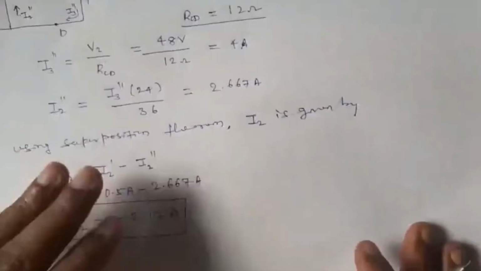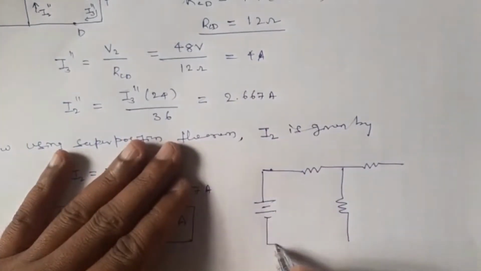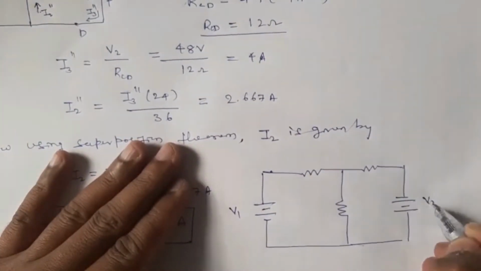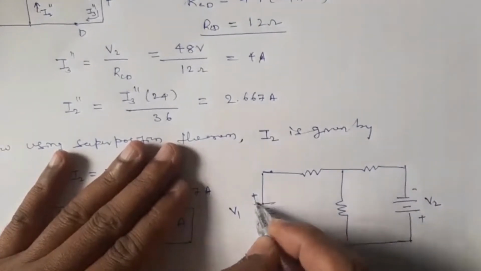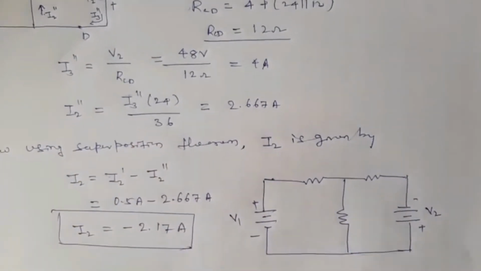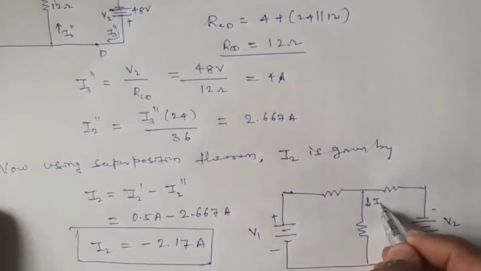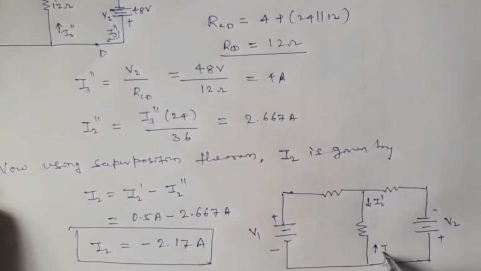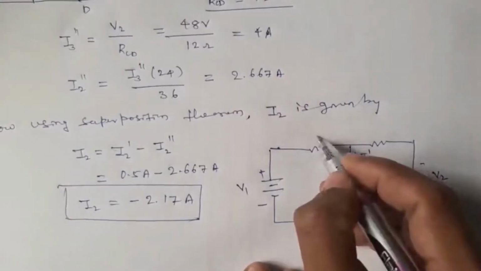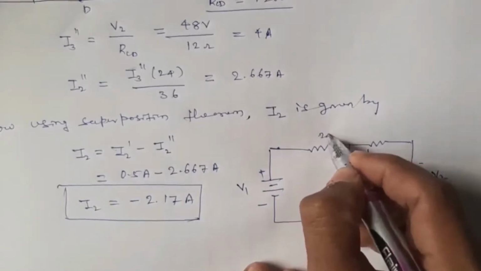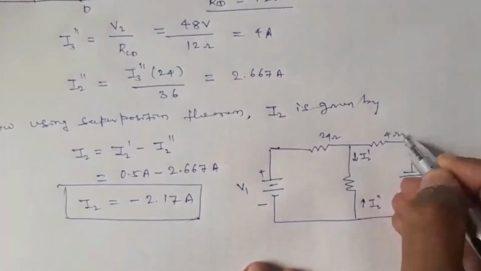So how will I2 flow in the network? If I draw that network, this is V1, this is V2, this is negative positive, this is positive negative. Like this I2 dash is flowing, and like this I2 double dash is flowing. So this is 24 ohm, this is 4 ohm, and this is 12 ohm.